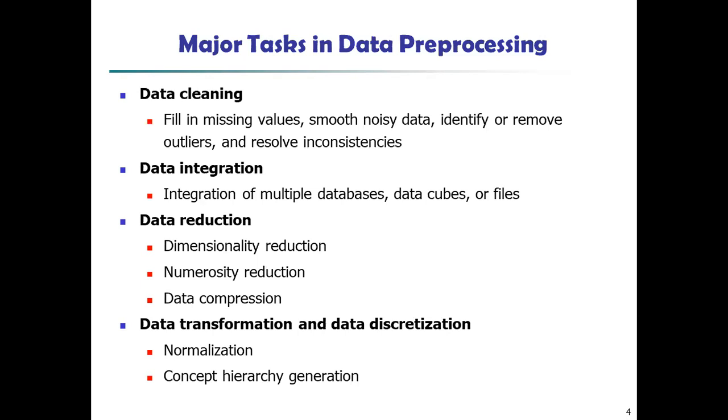Out of those 1,000 records, you reduce and consider only some sample records. You don't take all 1,000 records; you take only a few records. That is dimensionality reduction. Similarly, reducing numerically is the numerosity reduction.